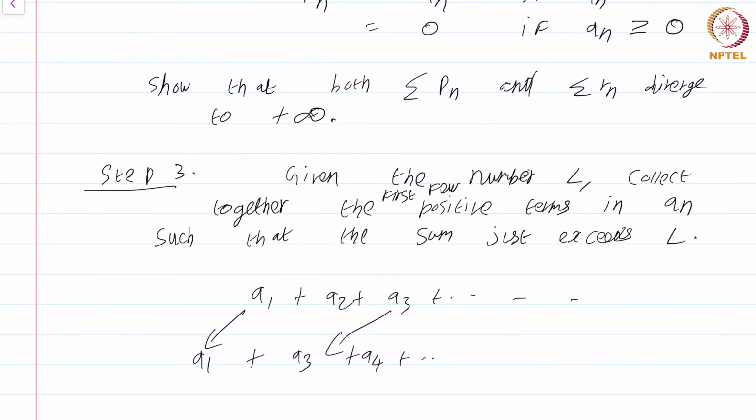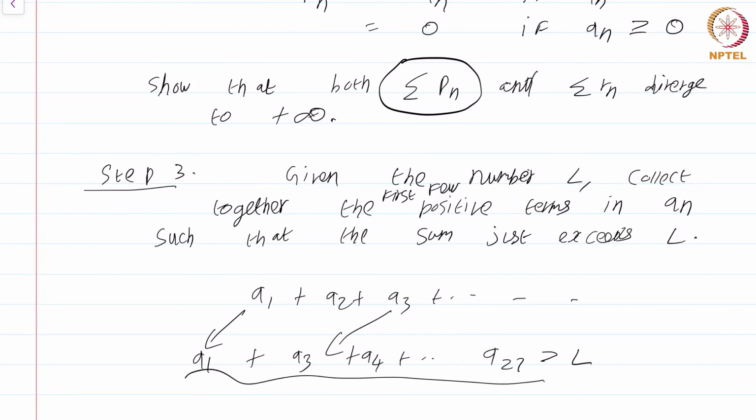Because the summation of p_n diverges to infinity, there will come a point, let's say a27, such that the sum just exceeds L. That means if I sum up the first 26 terms, I should not exceed L. But the moment I sum up the first 27 positive terms, sorry, I made a mistake.